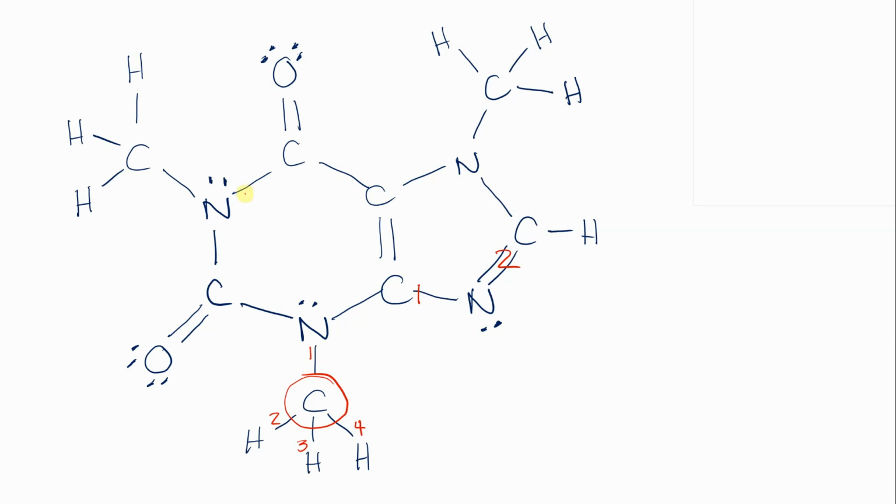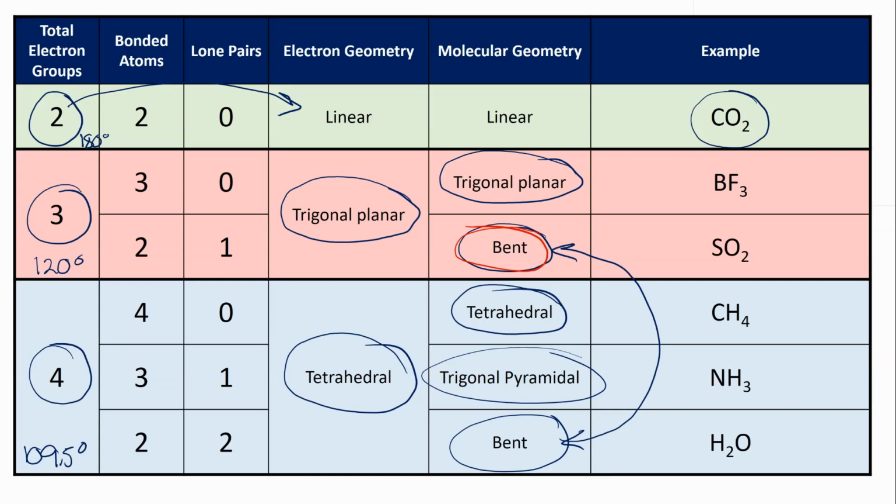And just as a word of caution, VSEPR doesn't work all the time. So if we look at this nitrogen, what VSEPR would tell us is 1, 2, 3, and that lone pair would be 4 electron groups. And that would say it should be a tetrahedral electron geometry and a trigonal pyramidal molecular geometry.